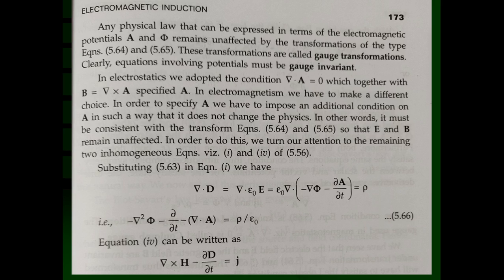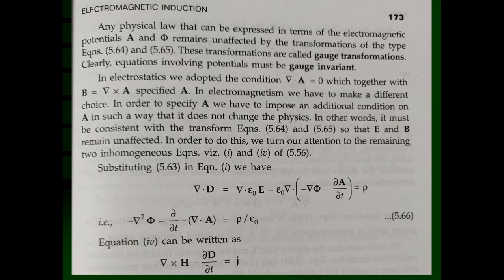It was specified with dot and cross products with del. So del dot A equal to 0 was the Coulomb gauge condition, and del cross A is equal to the magnetic field B, and that way the vector potential A was specified.